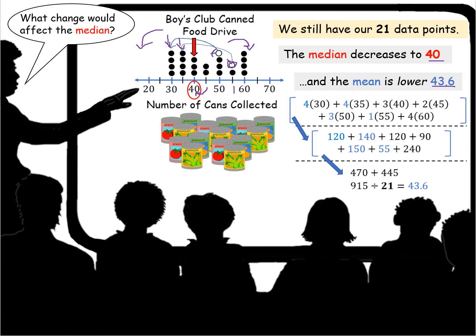The value of this data point is 50. So 50 and 55, we've taken that out. So we've taken out 105 points in terms of value. So we have a lower total value, and we divide by 21, 43.6. So our mean got lower and our median decreased.